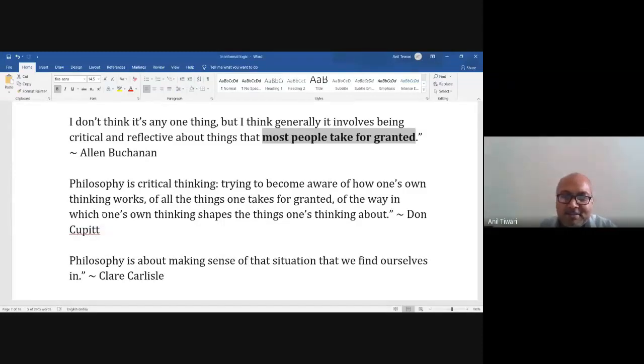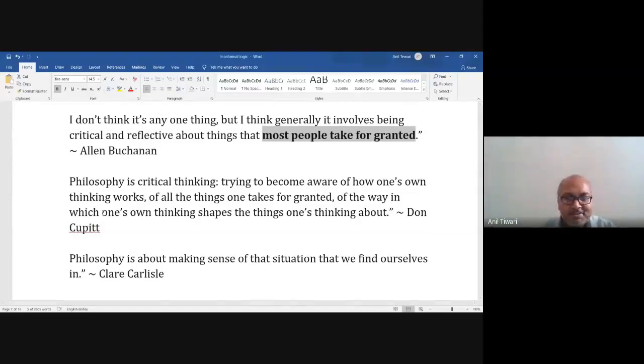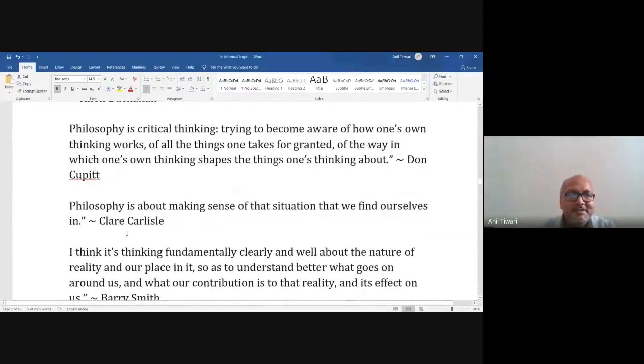So this is a kind of transformative element in philosophical thinking. Your pattern of thinking, your perspective towards things get transformed when you adopt a critical and reflective approach. So it has a kind of therapeutic effect on your pattern of thinking.